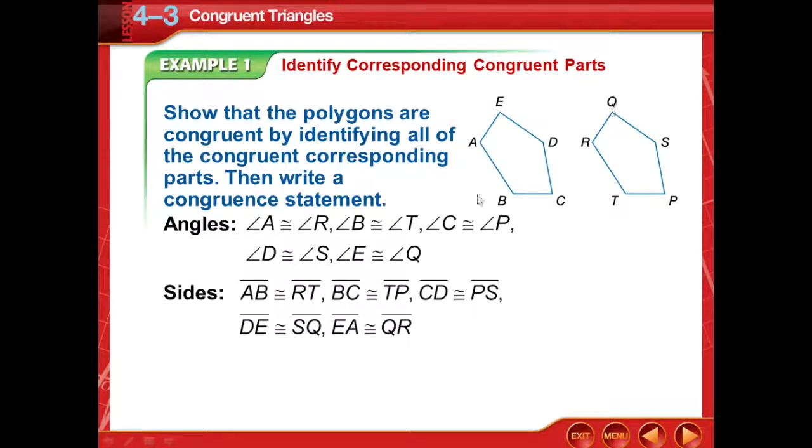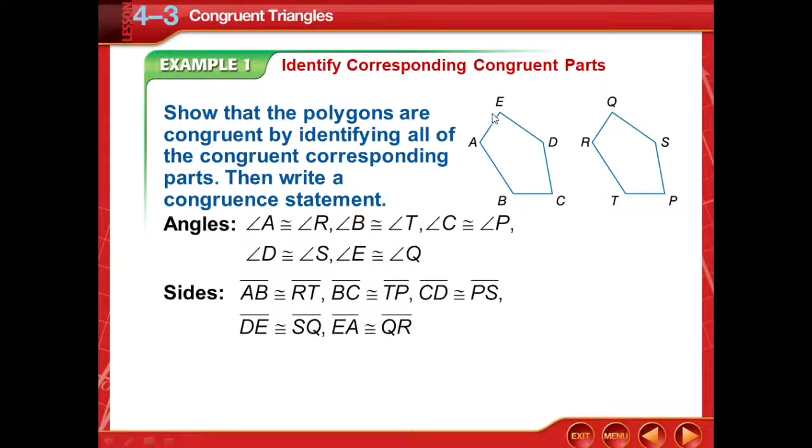I also have to list the sides. Segment AB is going to be congruent to RT. Segment BC is going to be congruent to segment TP. Segment CD is going to be congruent to segment PS. Segment DE is going to be congruent to segment SQ.